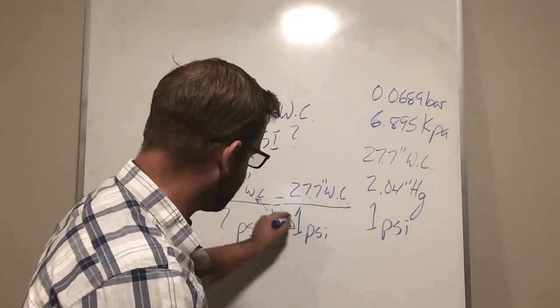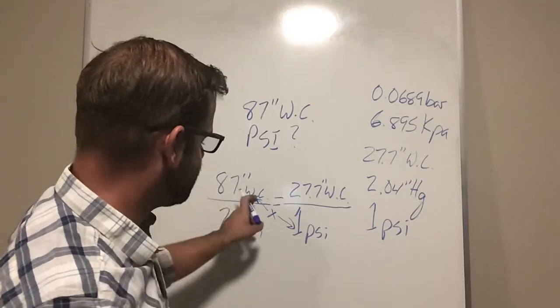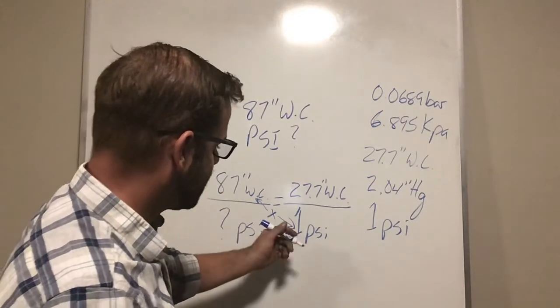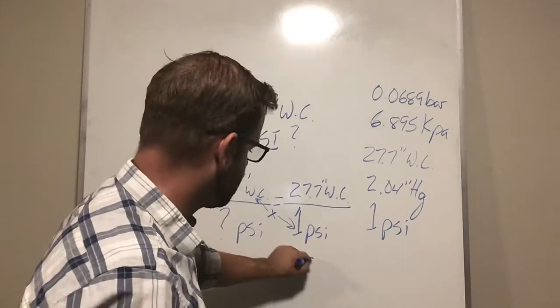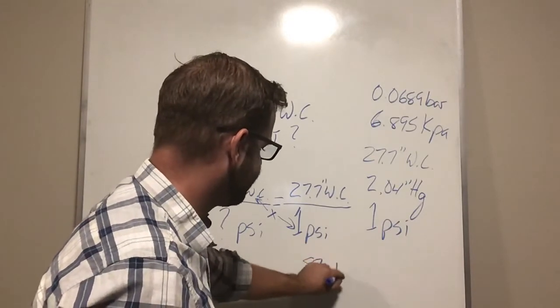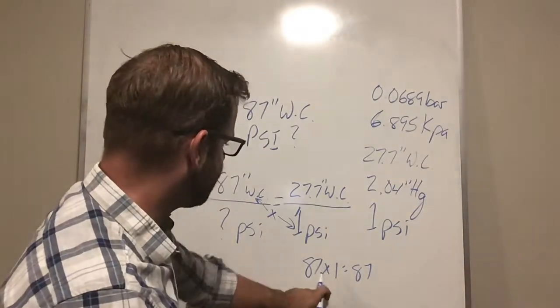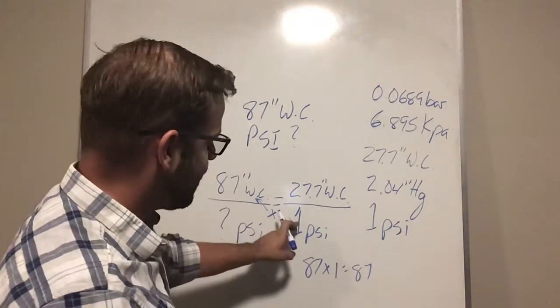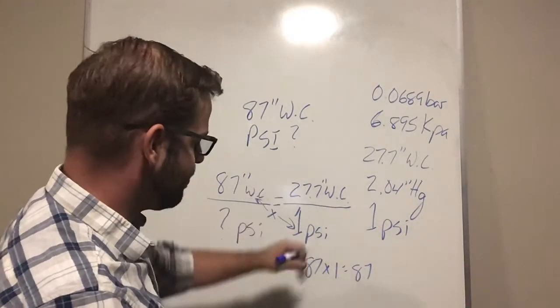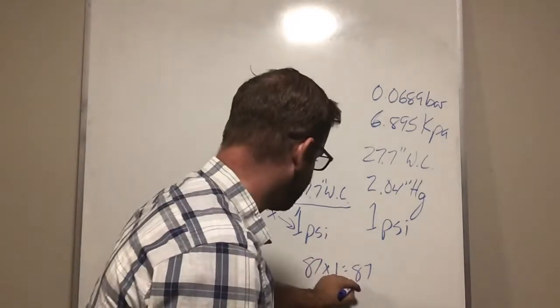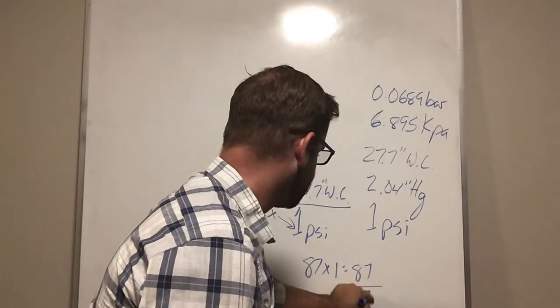I don't know if I garbled that up. I cross multiply these two. So 87 times 1 is equal to 87, right? So we have 87. So I cross multiply and then divide by the only other number that's left. So I divide that by 27.7.